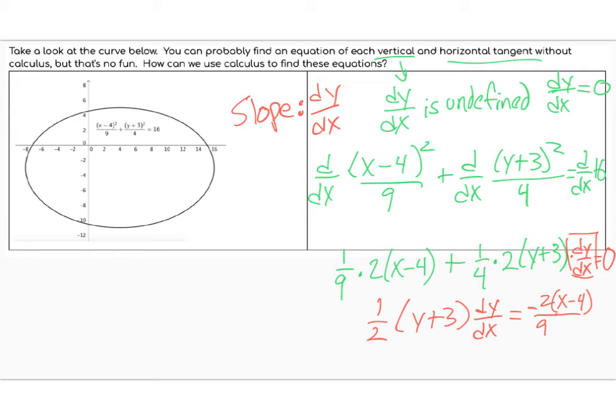To get dy/dx by itself, we know we need to divide by that y plus 3, so that's going to end up as a y plus 3 on the bottom. And I know I've got to multiply by 2 to get rid of a half, and that's going to give us negative 4 on top. All right, so let's take a look at this answer and talk about what this means.